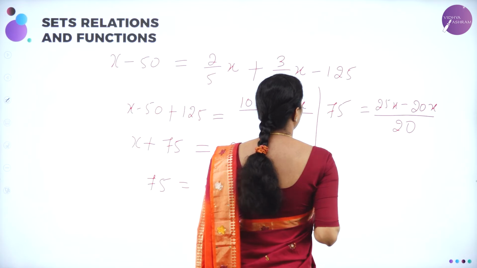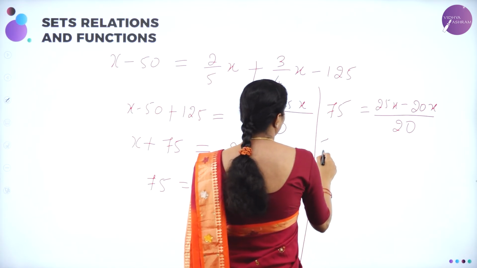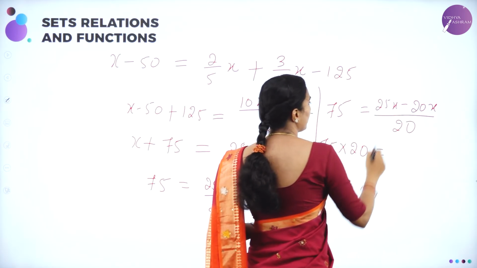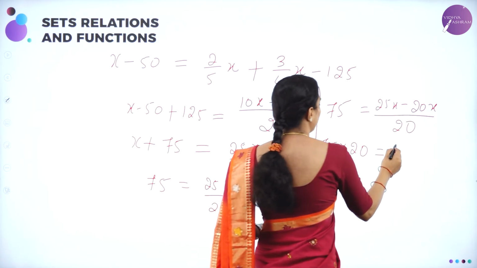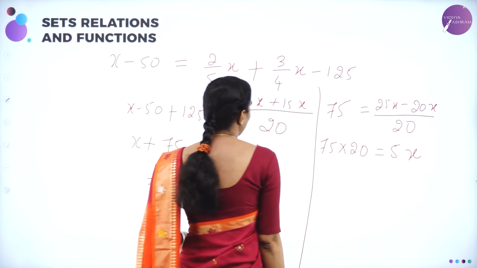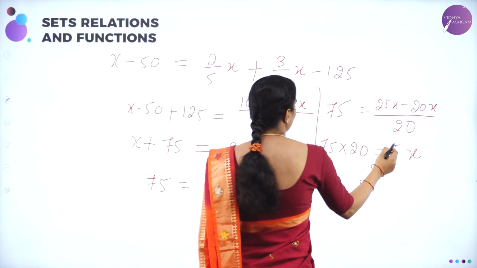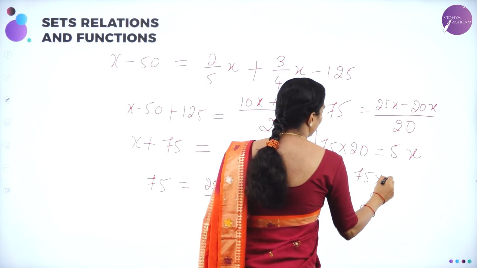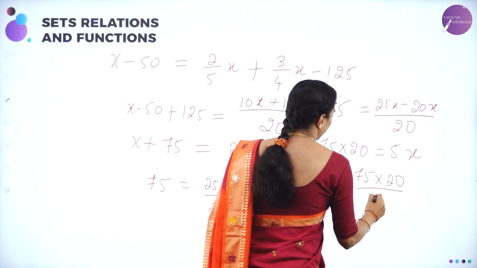So again, 75 into 20 will be equal to 25x minus 20x. What is that? Which will be 5x. Correct? So therefore, 5 ones are x, x will be equal to 75 into 20 divided by 5.